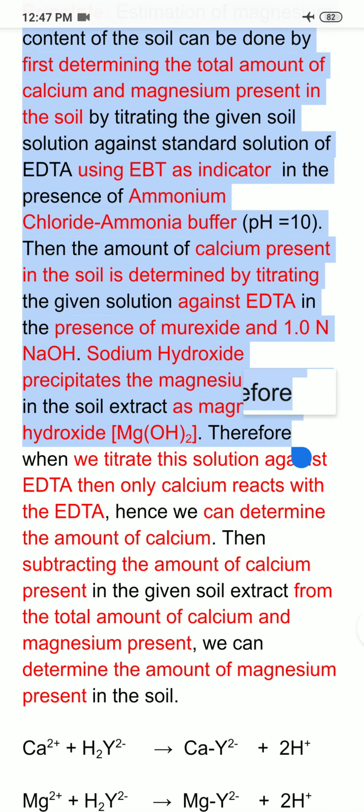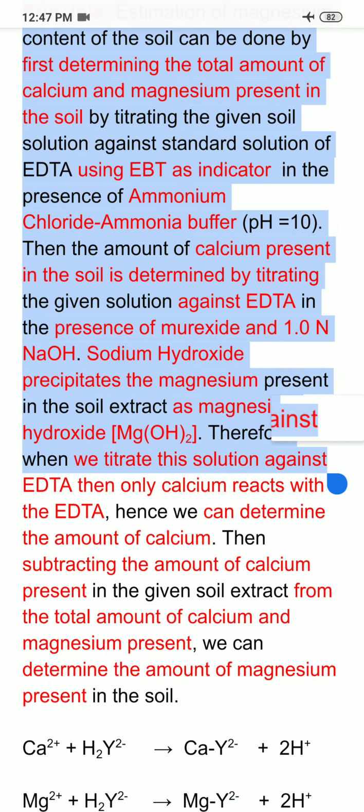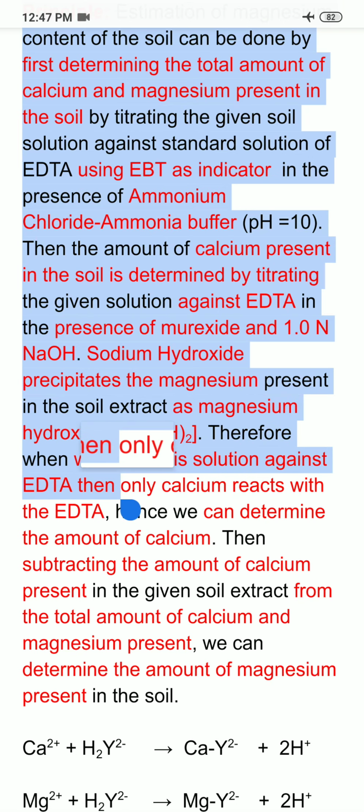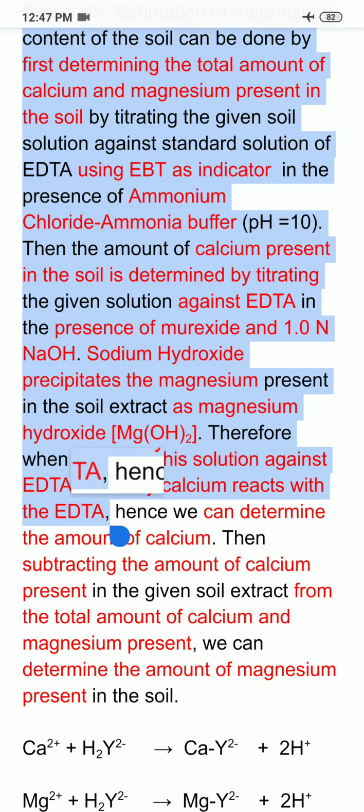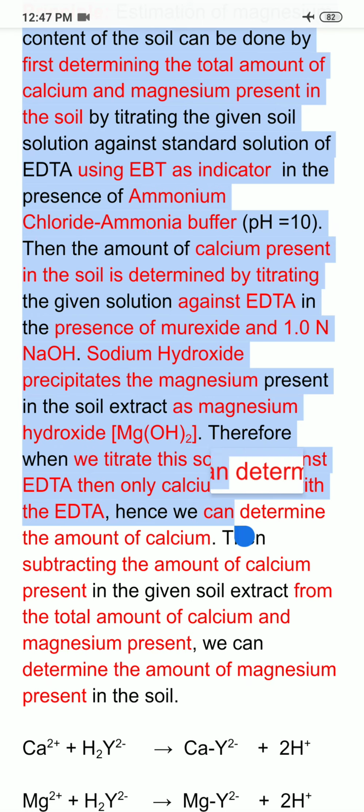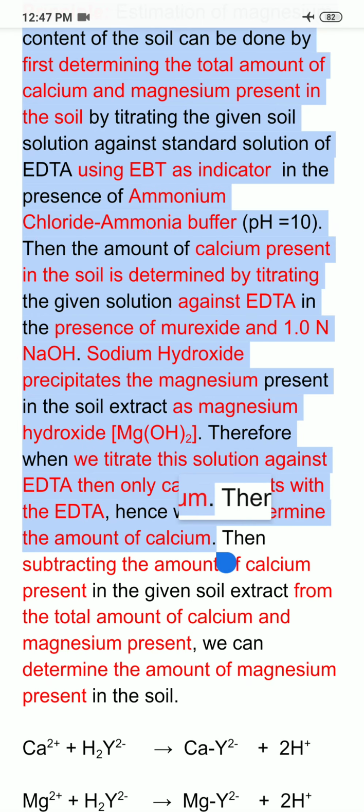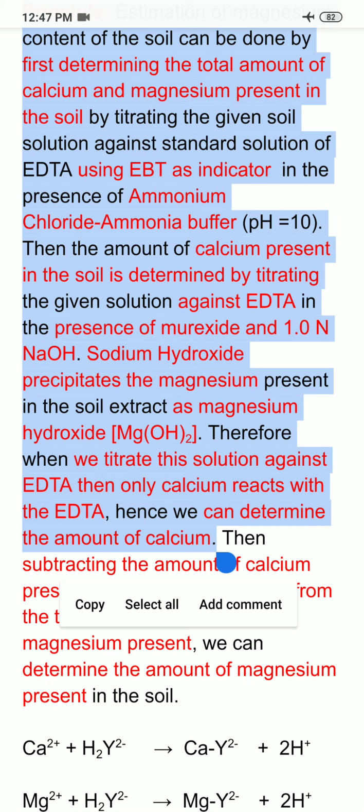Therefore, when we titrate this soil solution in the presence of NaOH against EDTA, then only calcium reacts with the EDTA. Hence, we can determine the amount of calcium present in the soil extract.